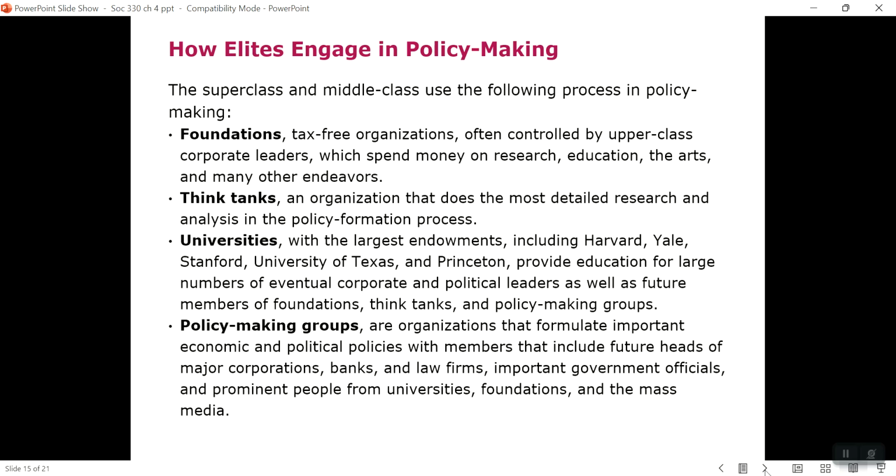Think tanks. Think tanks are these organizations, again, typically nonprofit organizations that are focused on a particular policy, set of policy analysis or research. And one very well-known one, on the conservative side, is called the Hoover Institution, and it is based at Stanford University.